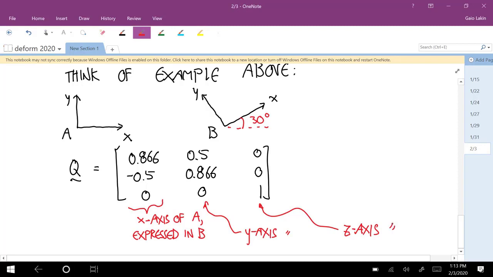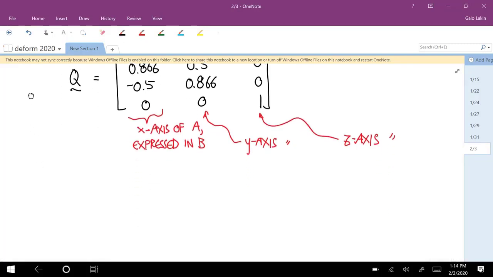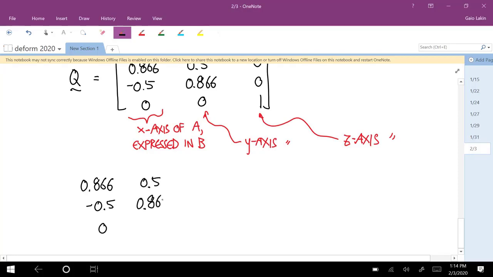Okay, so now we're going to multiply this matrix, 0.866, negative 0.5, 0; 0.5, 0.866, 0; 0, 0, 1, by the components of the vector in the A coordinate system.